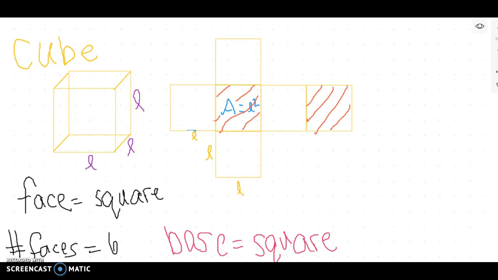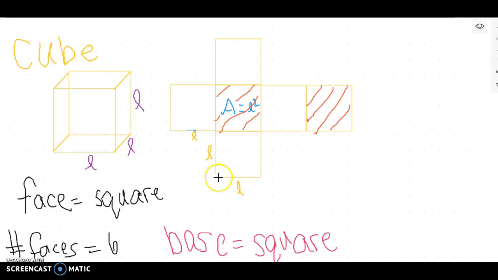All right, so let's talk about the area of our faces. Because these figures are squares, we know that the area of each of these faces is going to be base times height. Let's look at this square, for example.